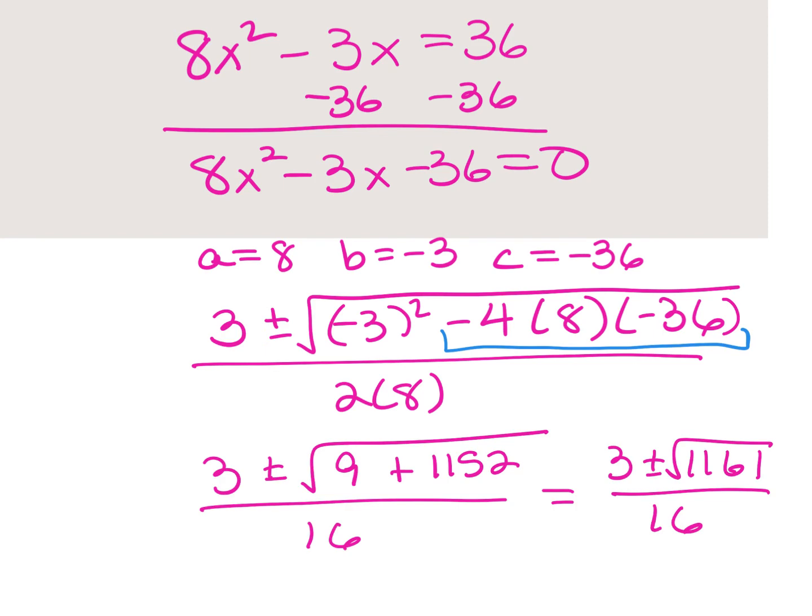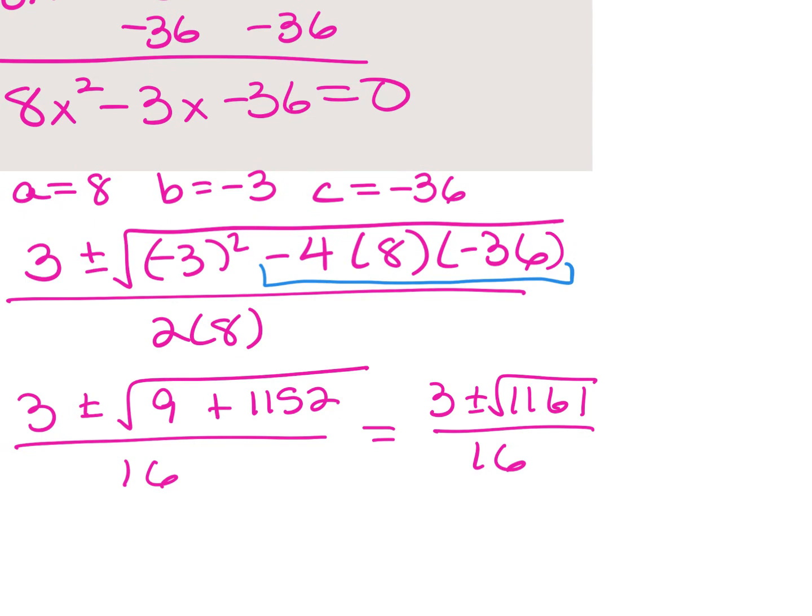Now here's where I use those 4th grade divisibility rules. I want to see if 9 is going to go into this. So I'm going to add 1 plus 1 plus 6 plus 1. I get 9 when I add up the digits of 1,161. So I know 9's a factor of 1161.